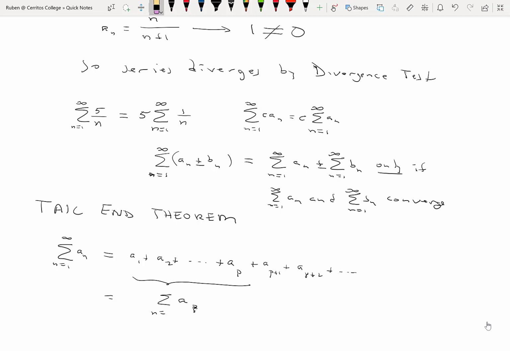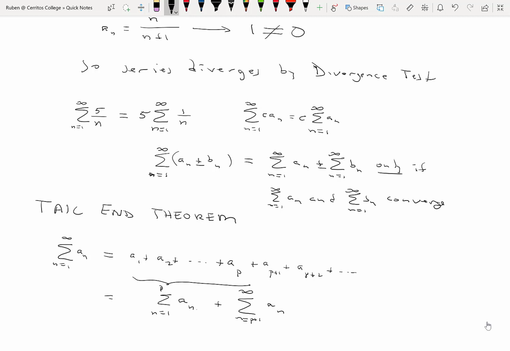That finite number of terms can be a whole lot of terms, plus an infinite number of other terms, a sub n.